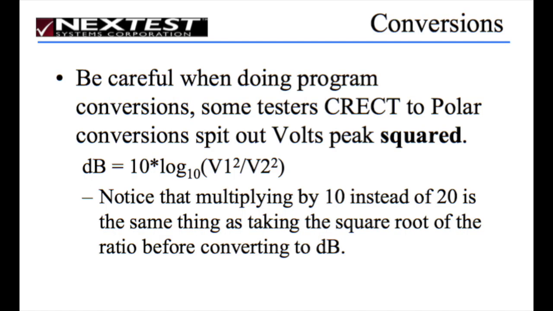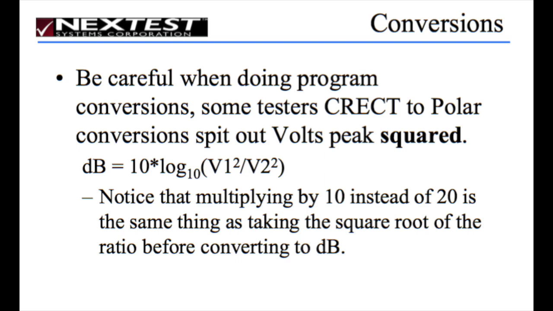It was really hard, and he wanted to make sure he got the most speed out of it. Since most people were going for voltage squared so they can get dB in power, he just left it volt squared. So dB is 10 times the log base 10 of V1 squared over V2 squared. If the voltage is already squared, you don't have to use 20 times, use 10 times. So that could be a real issue for some people.